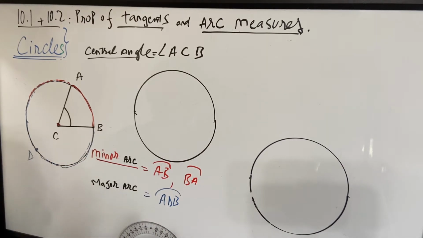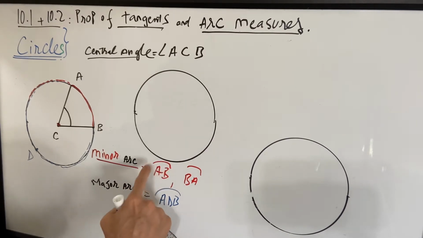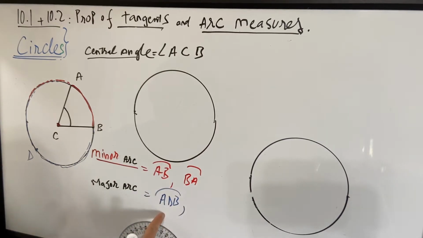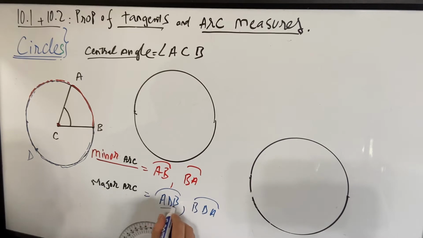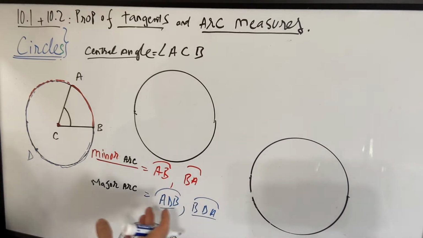So by definition, again, I repeat, a minor arc is the arc that is less than 180 degrees, and this is the notation by 2 letters and a curve like a rainbow above that. If you want to say B, D, A, same thing, but you go by the order like that. And this is the hint for you that if you express an arc by 3 letters, that is a major arc.